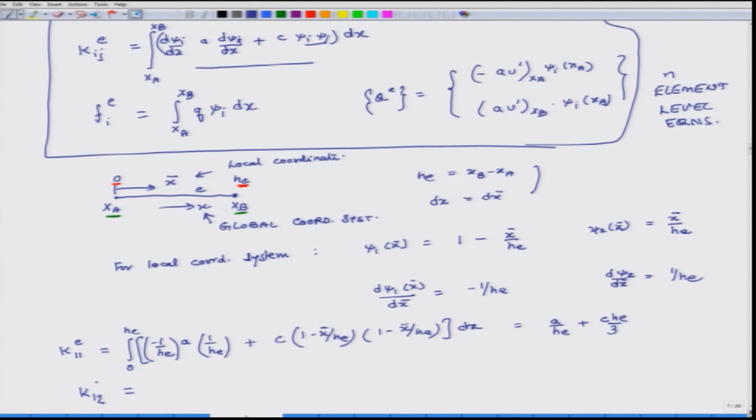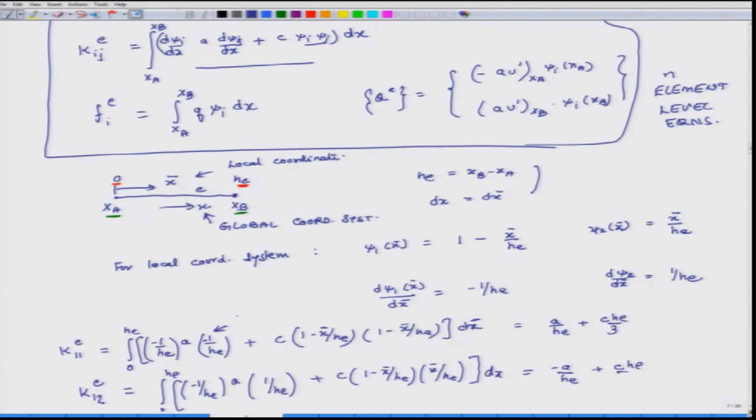Similarly, K12 for the eth element, if I do the same thing, from 0 to h e, minus 1 by h e times a, oh, there should be a negative sign here, I am sorry, because j is 2. So, while calculating K12, it is minus 1 over h e times a times 1 over h e plus c times 1 minus x bar over h e times x bar over h e, dx, and this we get as minus a by h e plus c h e over 6.